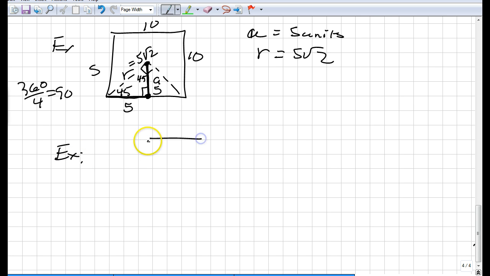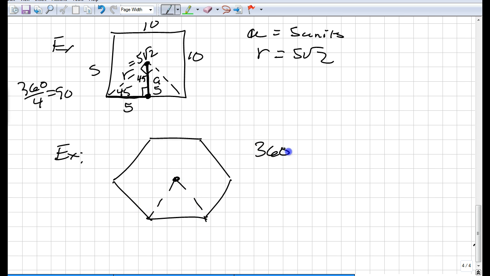Let's say I have a hexagon. Here's my center. So if it's a hexagon, I know that the central angle has to be 60 degrees. So if I drop an altitude, which is the apothem, that makes that 30 degrees, so that means that has to be 60.